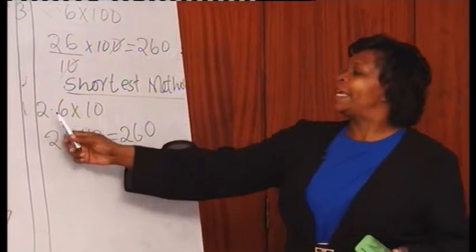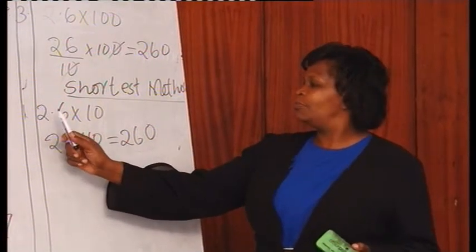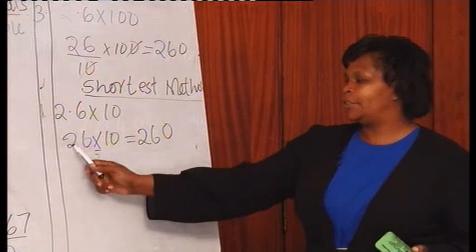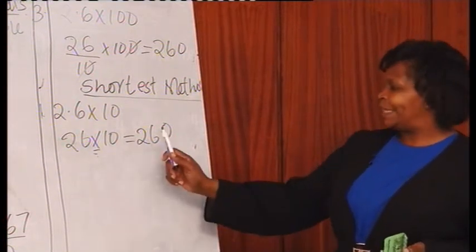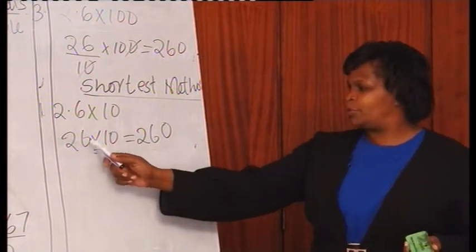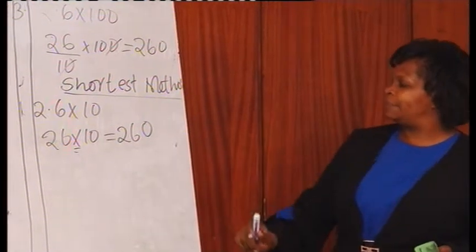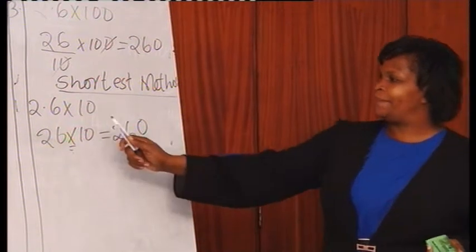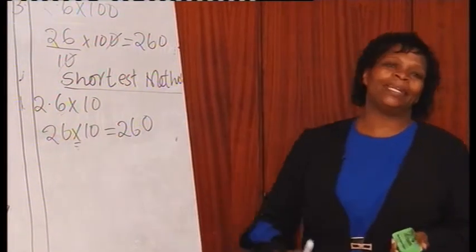Now, we said the shortest method is to get the 2.6 and change it to a whole number, and you get 26 times 10. Then we said that when you multiply by 10, the number becomes bigger. So you get 260. But remember, initially, this number had a decimal.